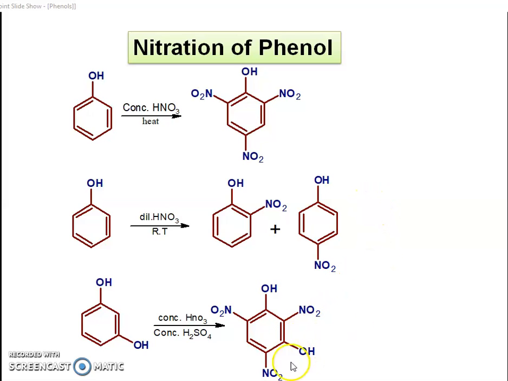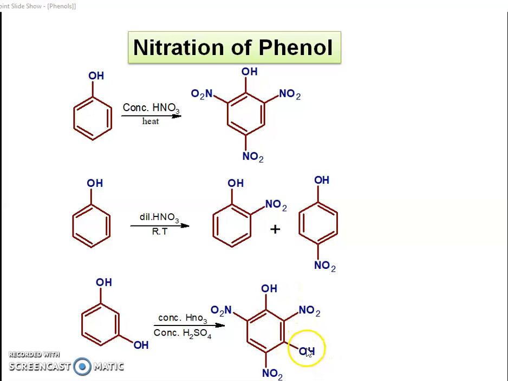Accordingly, electron donating groups give ortho and para products, and electron withdrawing groups give the meta product as the major product. We see here this OH group acts as an electron donating group, and then the products are ortho and para directing.